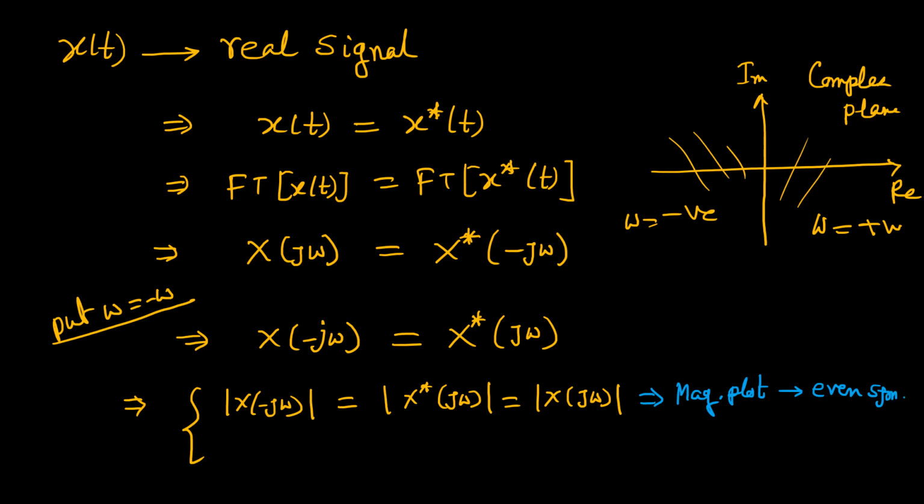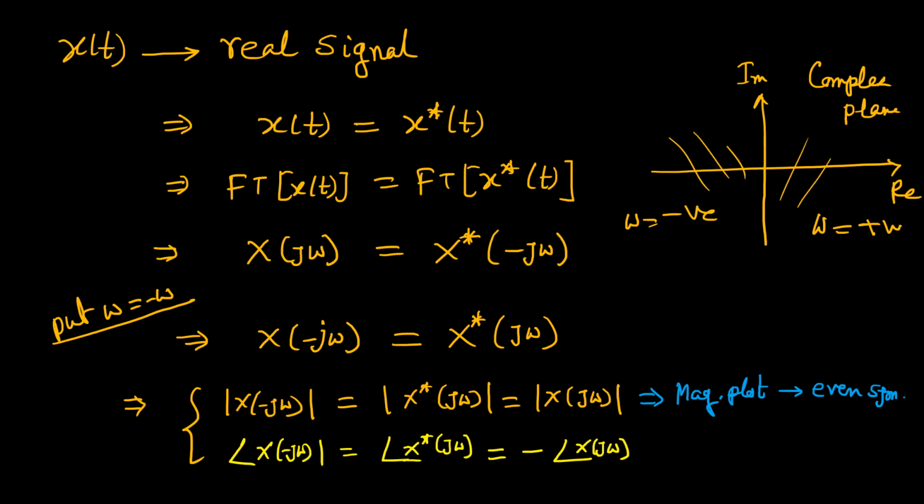Now the angle. If I consider the angle of X of minus j omega, this is the same as the angle of X star of j omega. And if X of j omega is a plus jb and X star of j omega is a minus jb, its angle is simply the negative of the angle of X of j omega.